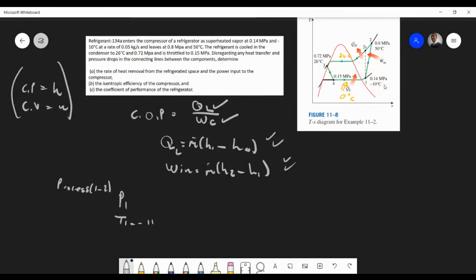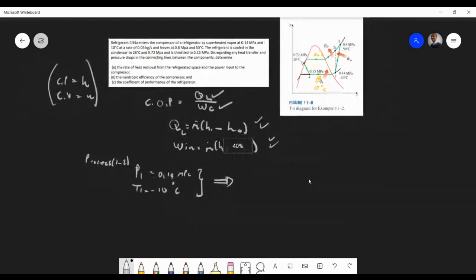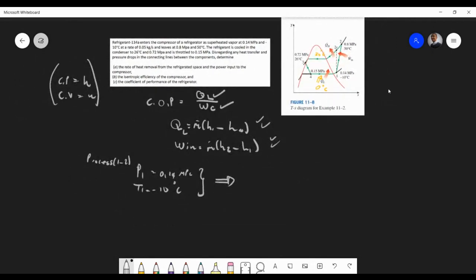T1 is minus 10, 0.14, and this is now superheated. Remember, superheated is always coupled with the pressure and the temperature. I'll spend time on this particular example and make sure you guys get it.